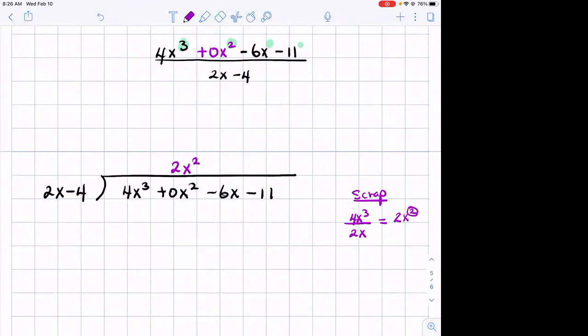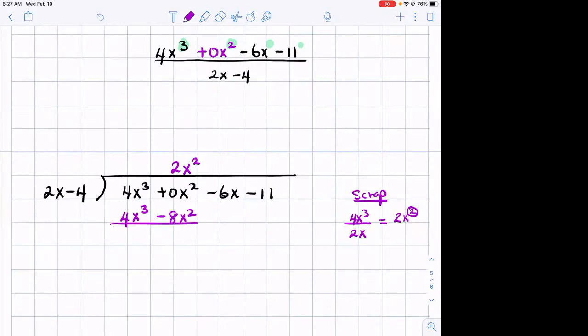And then remember, we distribute. 2x squared times 2x, and then 2x squared times minus 4. When we do this distribution, this becomes 4x cubed minus 8x squared.